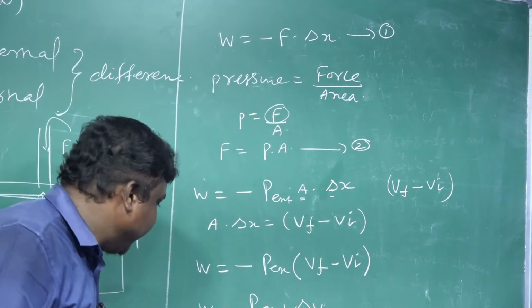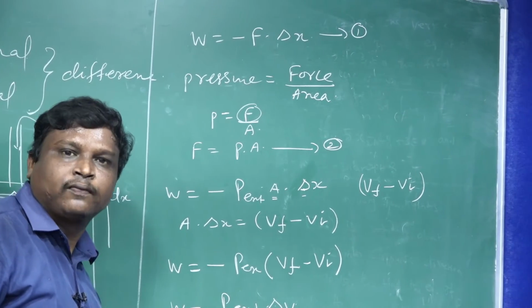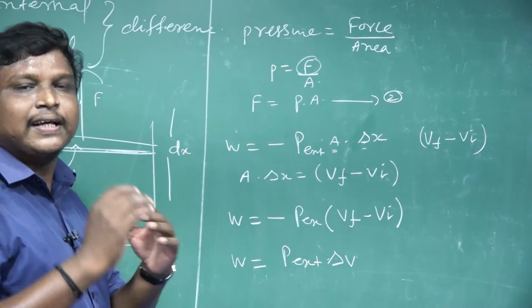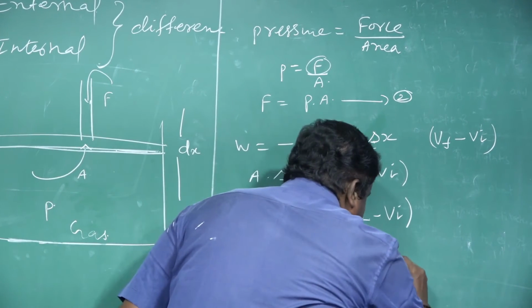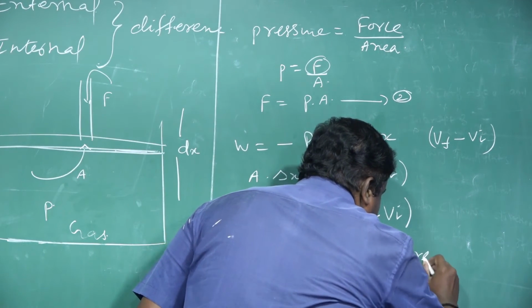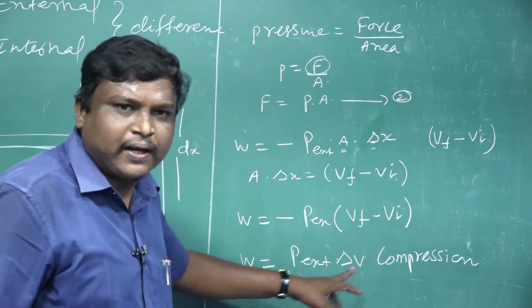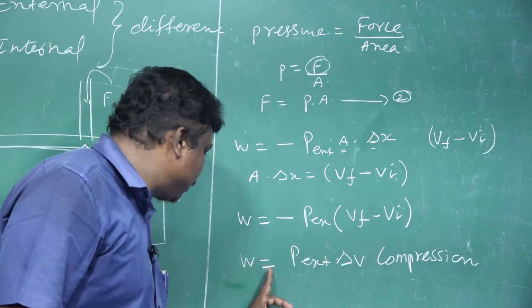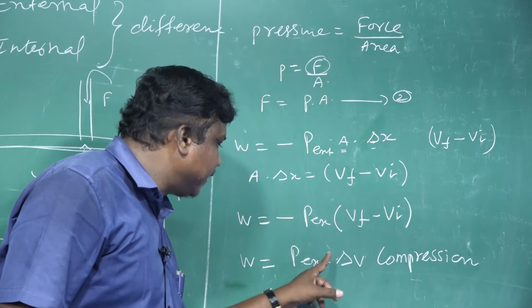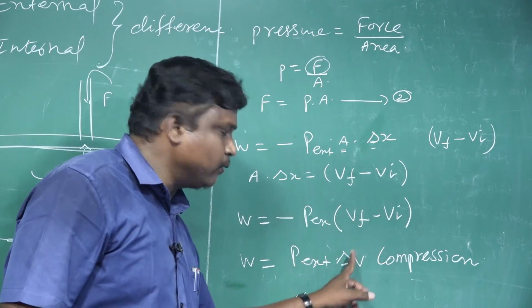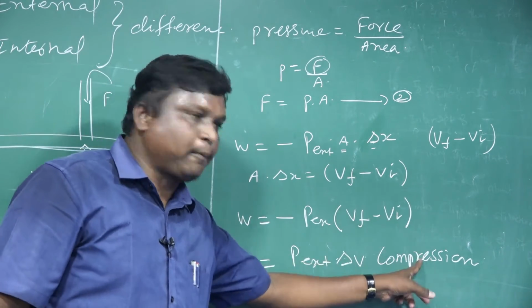Here work is positive. So work is positive when the gas undergoes compression. W equal to external pressure into dV. So work becomes positive when the gas is compressed.